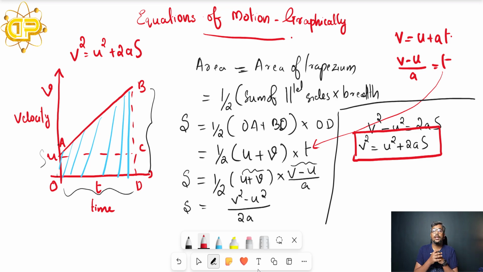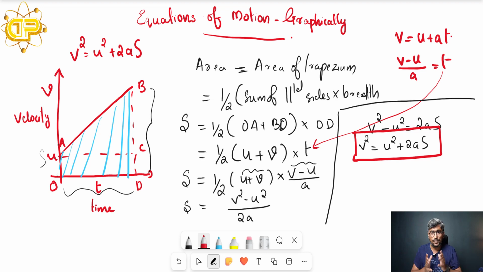That is, V square is equal to U square plus 2AS. So here also we are doing the same method, same concept, by taking the velocity time graph, finding out the area, and then finding out the area of the trapezium, and you are getting into that particular third equation of motion, that is V square is equal to U square plus 2AS.